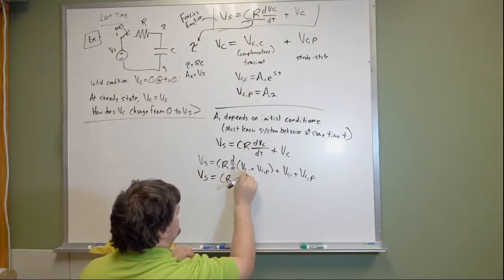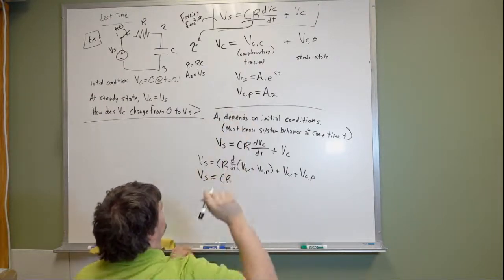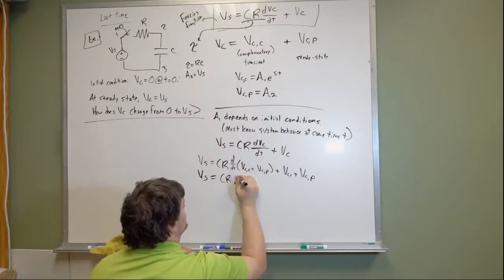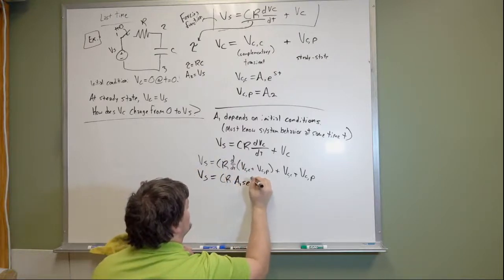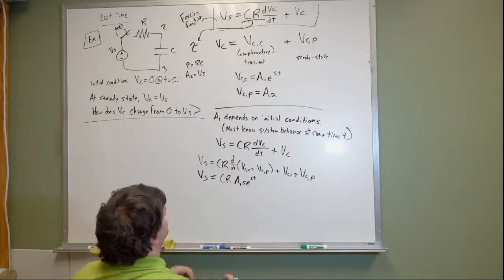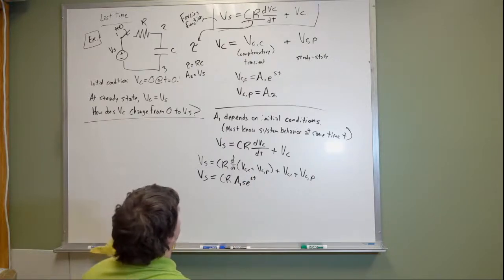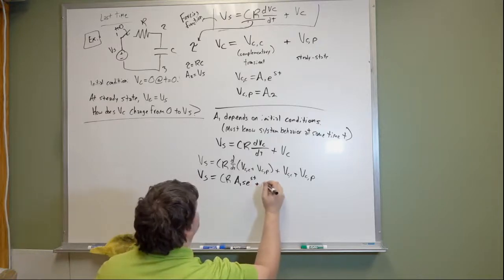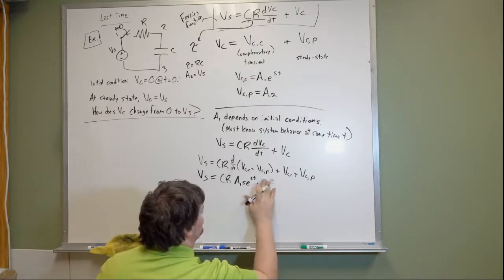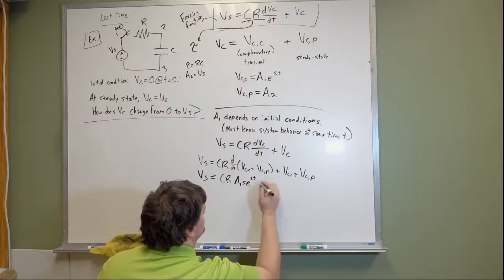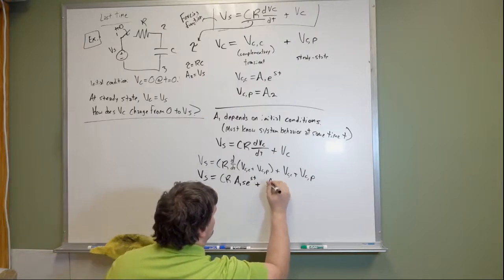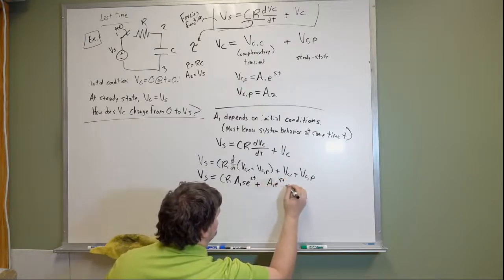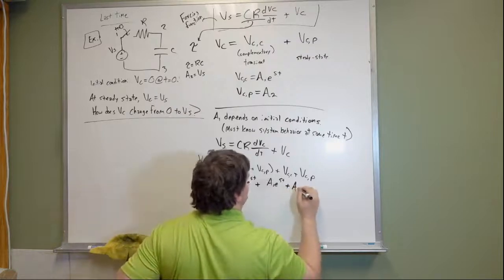CR. Okay, now we'll take the derivative of VCC. The derivative of VCC is negative A1 over tau times e to the st, plus A2, well the derivative of A2 is 0, plus A1 e to the st plus A2.